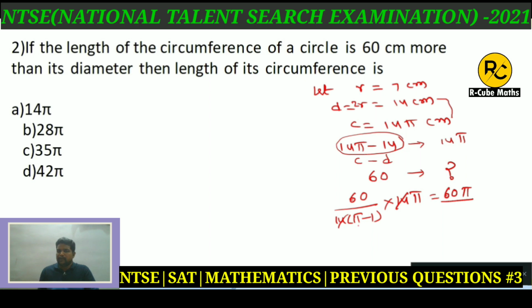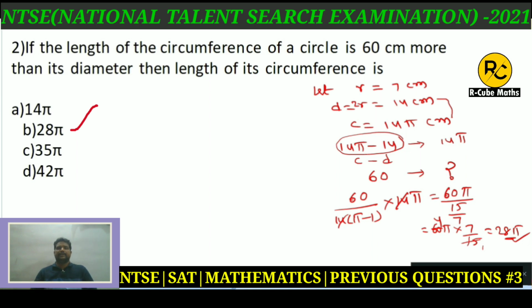So 22 by 7 minus 1 means 22 minus 7, 15 by 7. So 60 pi into 7 by 15. 15 goes into 60 4 times, 7 into 4 is 28. So 28 pi is the right answer.